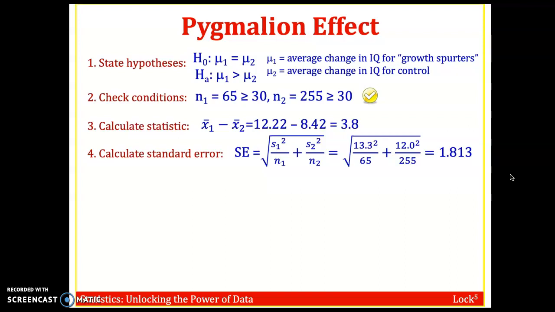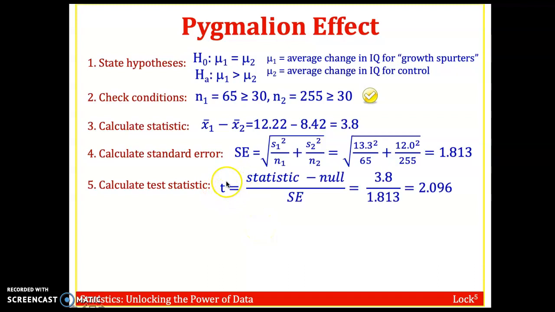And it'd be worth making sure to throw this in your calculator. Make sure you're getting the same thing as I'm showing here on the slides. It's 1.81275. So round that to 3 decimals. The test statistic, instead of z, we're going to use t.